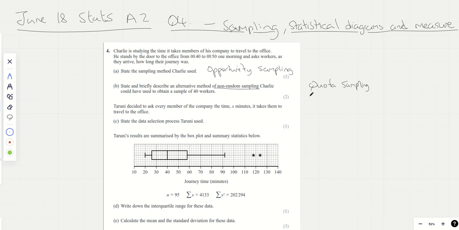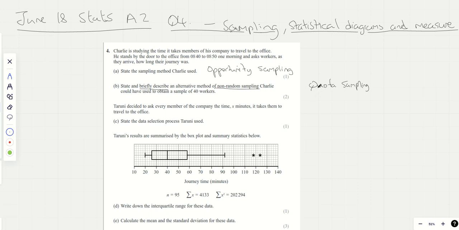Quota sampling though is not, so we've got to briefly describe how he could have done that. He could have made sure, for example, that he selected the same proportion of men and women at work as are in the whole of the office population. That's probably what I would do.